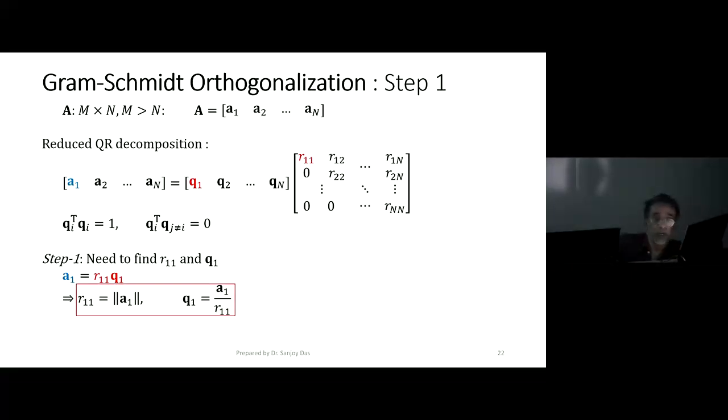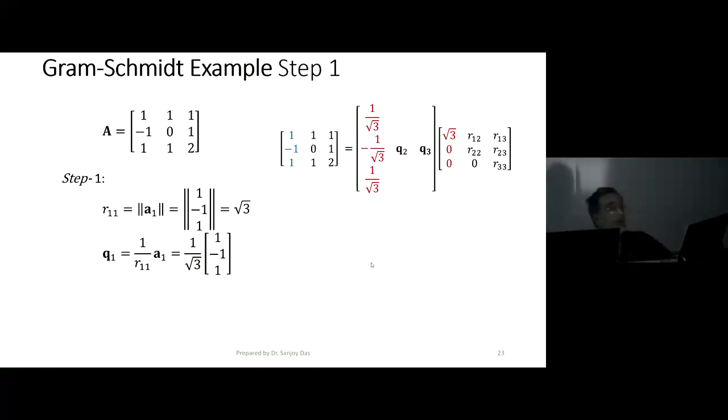These are the expressions involved in the first step. Here is a little example. This is my A, and this is my first column of A, A1.